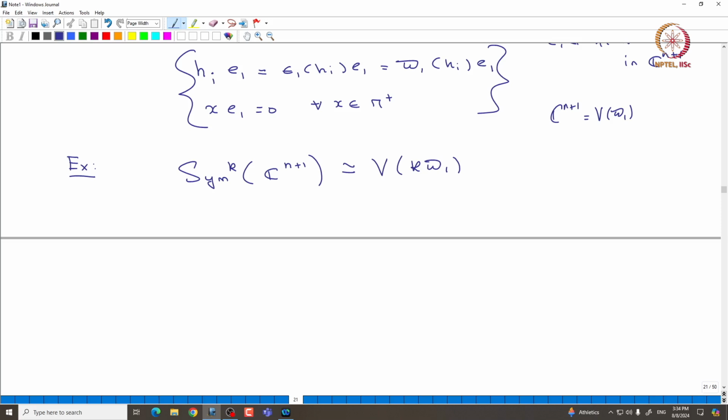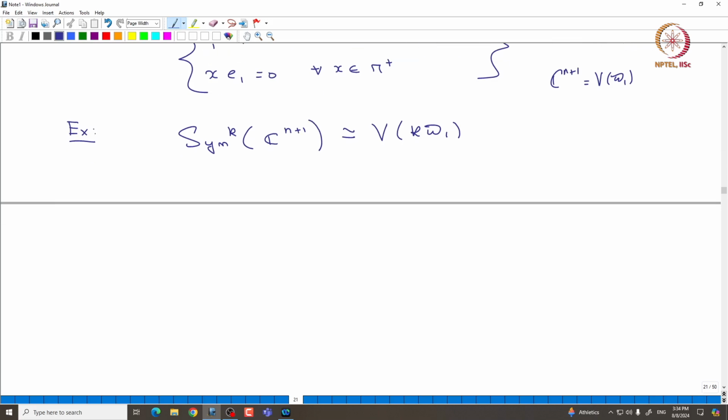Indeed, if we take this natural generator, this is indeed the submodule generated by this e_1 tensor etc. tensor e_1 in the tensor product.